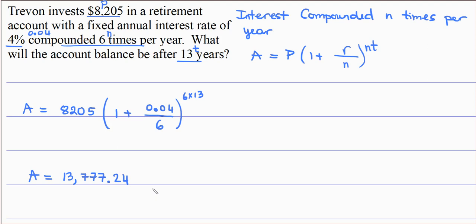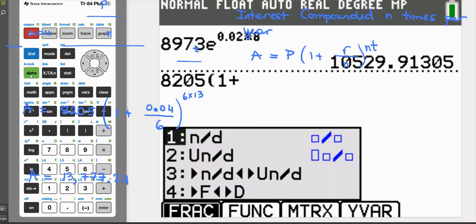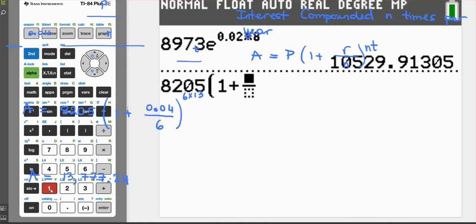And if you need help with how to input it in your calculator, I can show you now. So go to the calculator. Then I'll put the principal, 8,205, times 1 plus, and if you have a TI-84 with the new OS, you can use the alpha y equal key to get into the fraction.